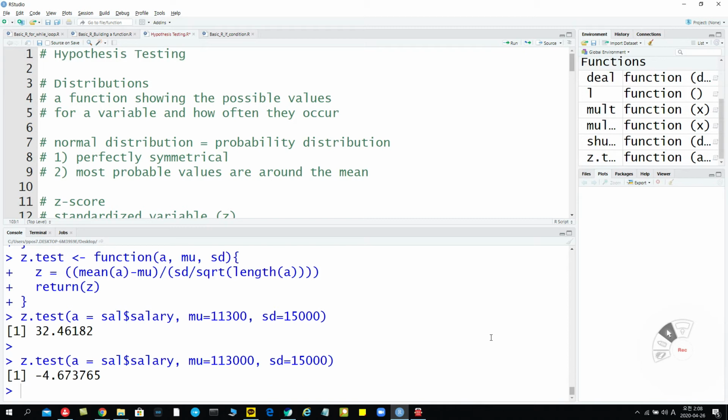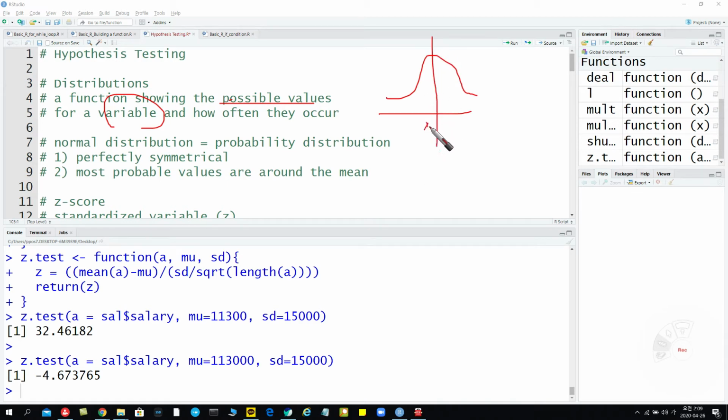Okay? As you might know, before moving on, you have to know the distributions first. Okay, distribution. What is distribution? The definition of a distribution is a function showing the possible values for a variable and how often they occur. Usually we draw the normal distribution as symmetric.